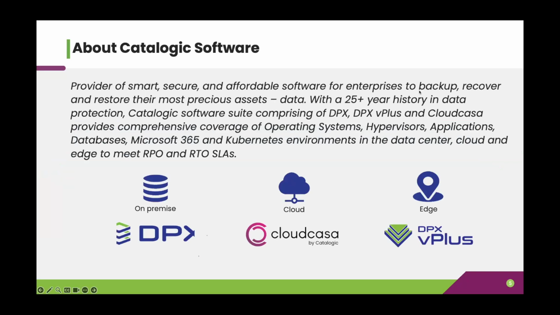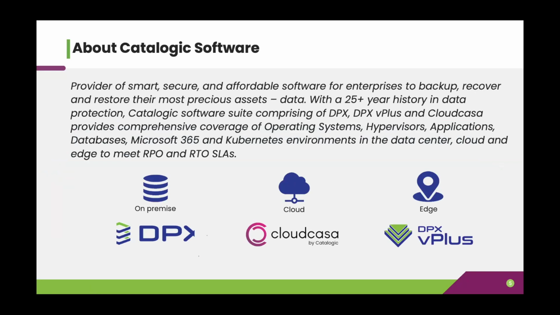So the company itself is 25 plus years old, and we are in what you call the data protection space. Everybody used to call it backup when I was growing up, but obviously now it's data protection because it's backup plus, you know, cyber resiliency and all those things. So we actually have 3 product lines.